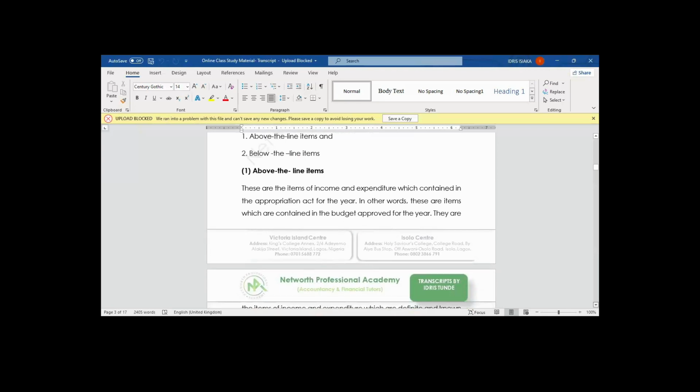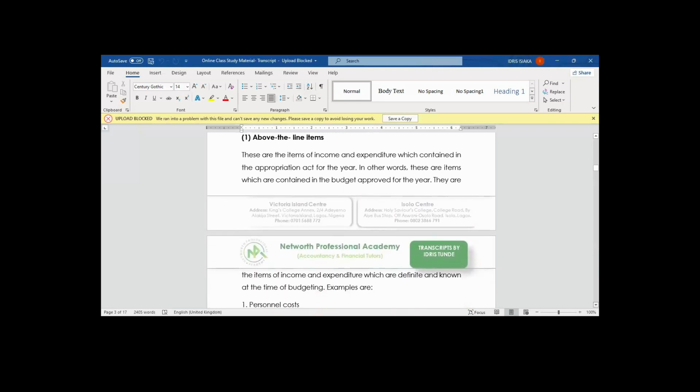What is above the line item? These are items of income and expenditure in which the exact amount can be traced direct into the budget.